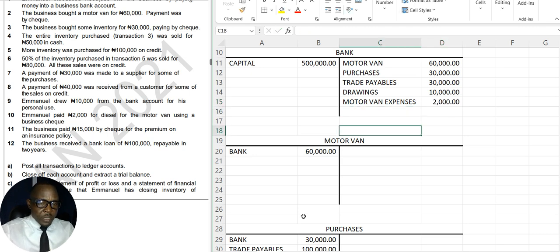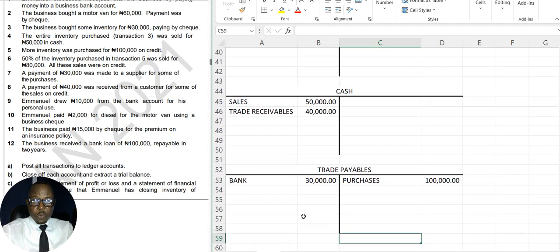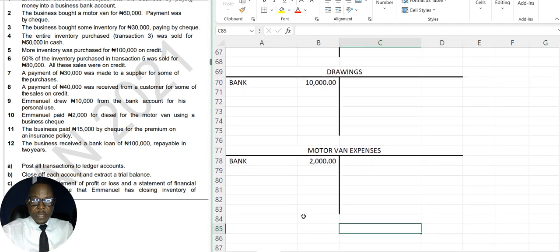That solves that. The next thing we're going to look at is the business paid 15,000 naira by check for the premium on an insurance policy. So you look at it, it is also an administrative expense, so you create it as an expense.